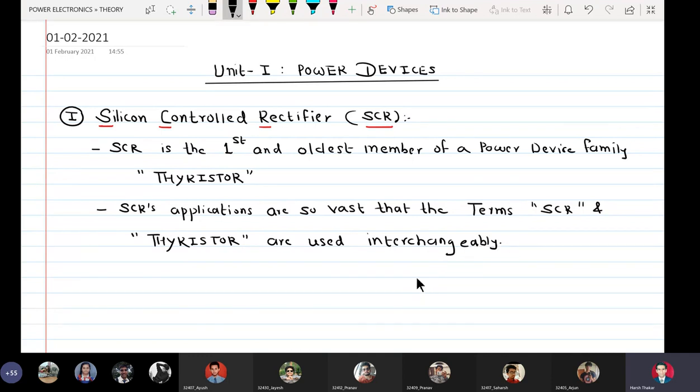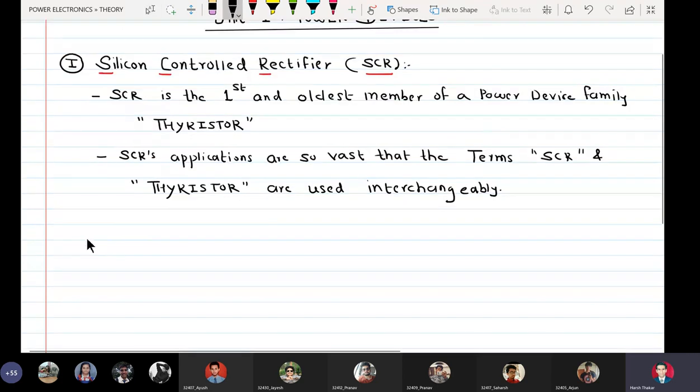Okay. So SCR is the first and oldest member of a power device family, thyristor. SCR's applications are so vast that the terms SCR and thyristor are used interchangeably.